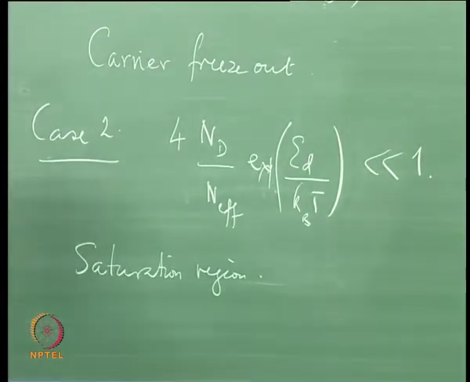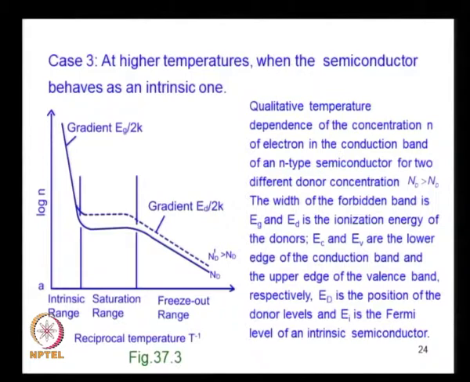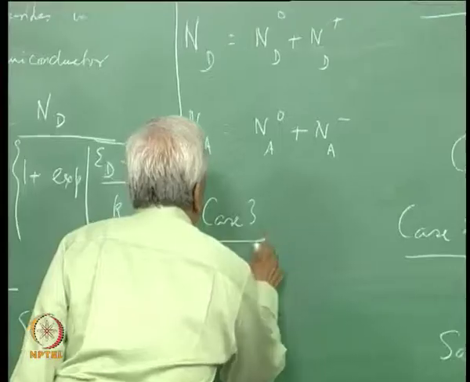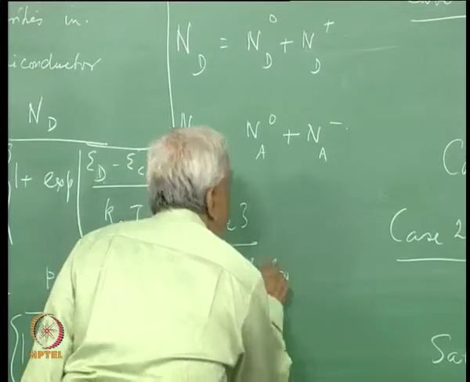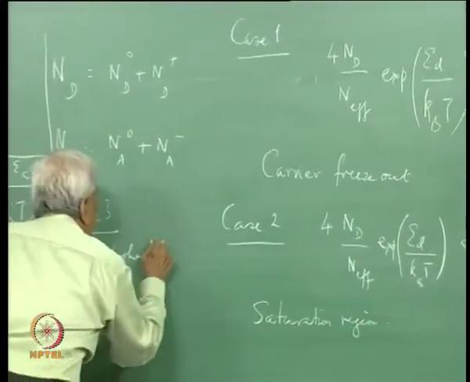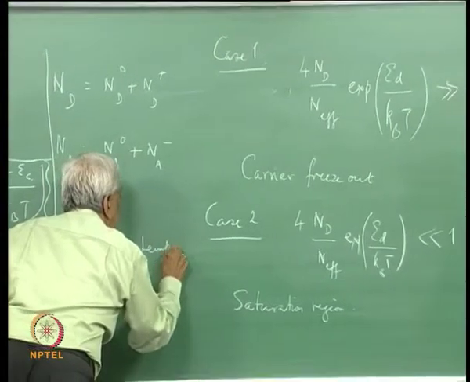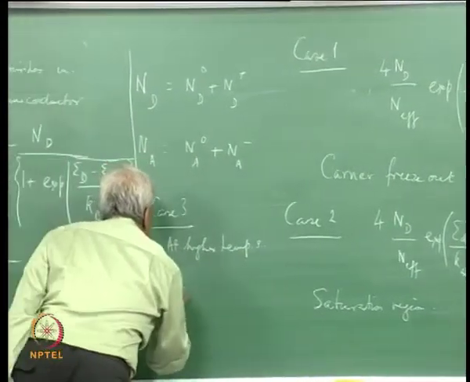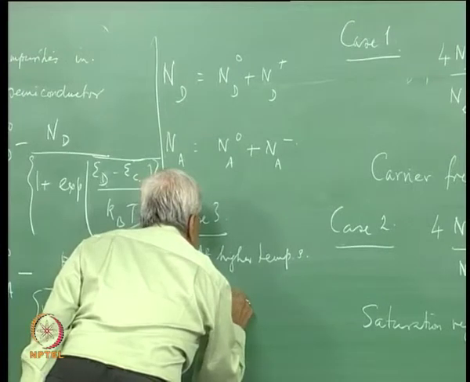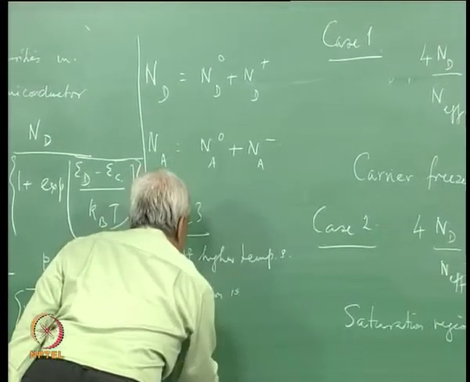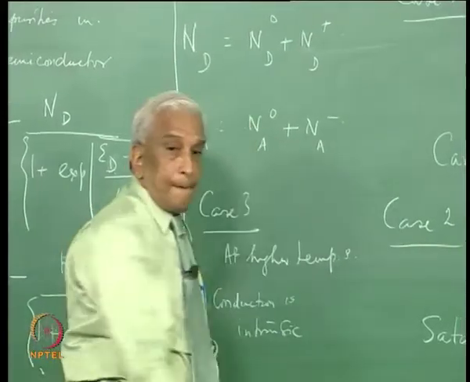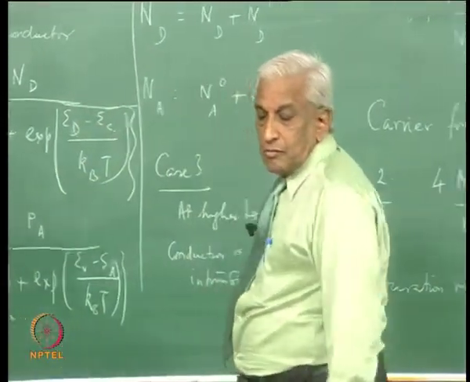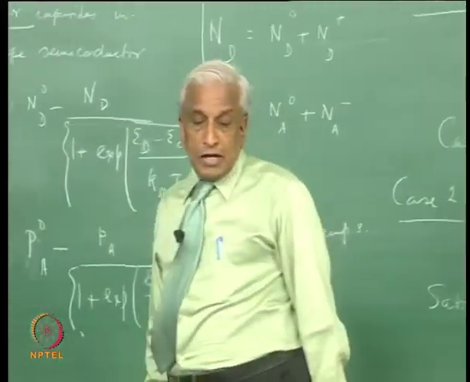And then the third case, case 3, is at still higher temperatures. The factor T enters here. The conduction becomes intrinsic. So, the figure shows the 3 regions.